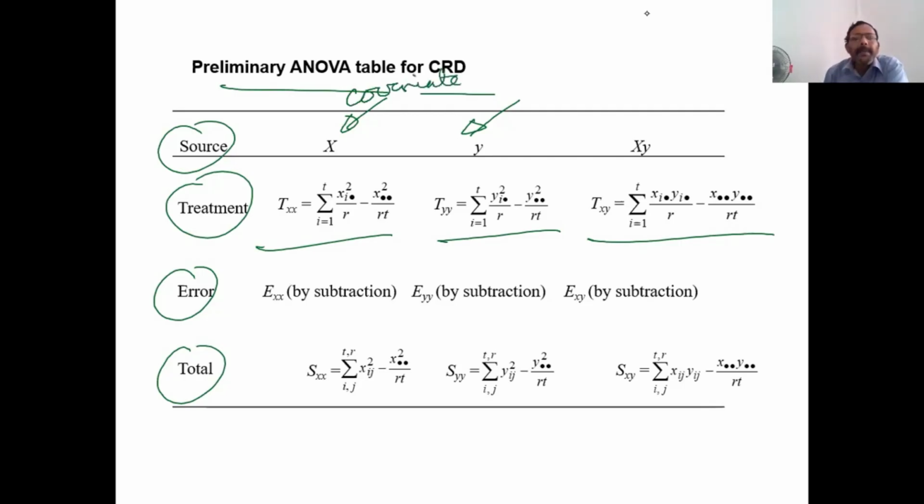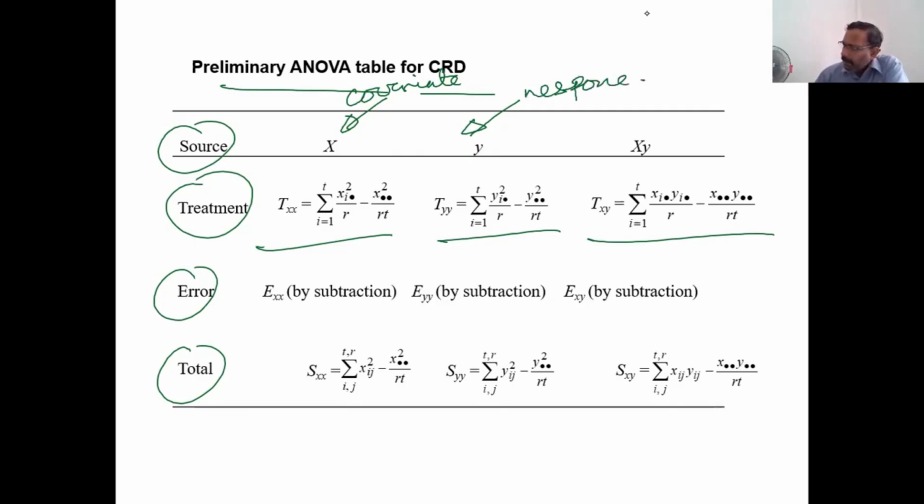What is Y then? Simple. It is normal as the other one. It is the response that you are measuring.